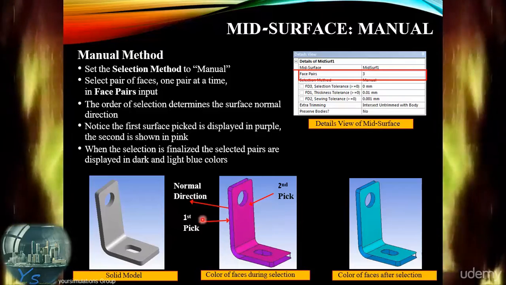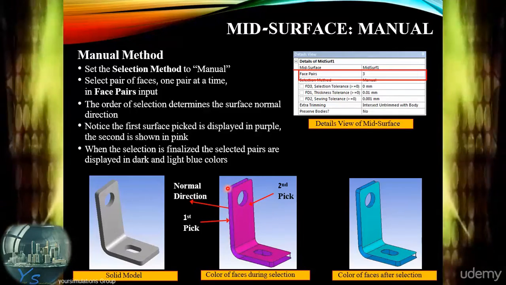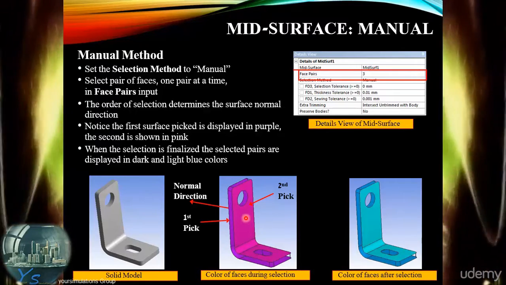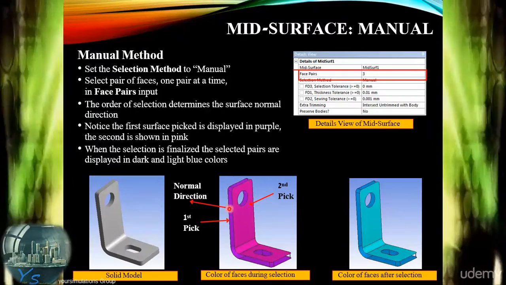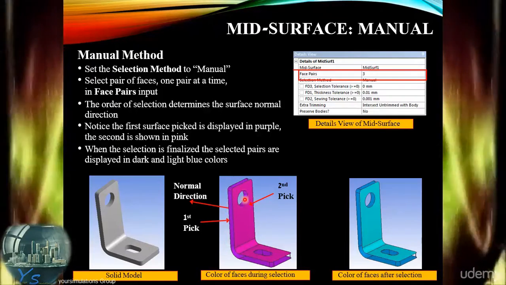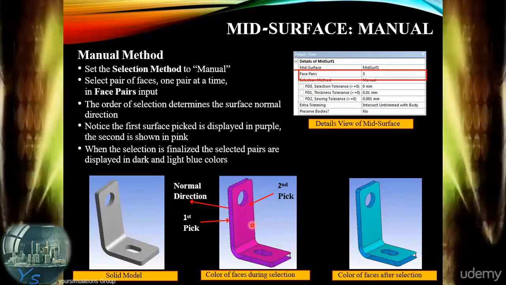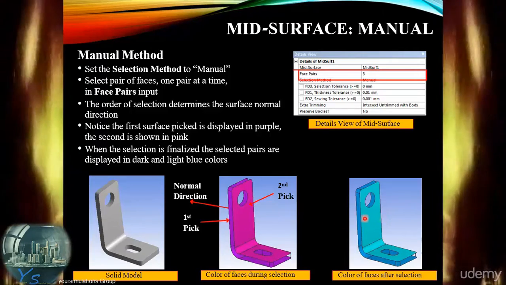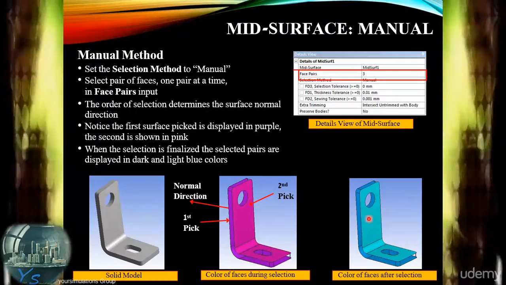So the first surface that's picked is in purple, as shown in the example at the bottom of the screen here, and the subsequent second face that's chosen for that face pair is shown in pink here. So we can see a set here of purple and pink faces, and once we finalize the selection of the pairs for mid-surfacing, their display is shown in dark and light blue colours as shown on the right hand side of the screen.